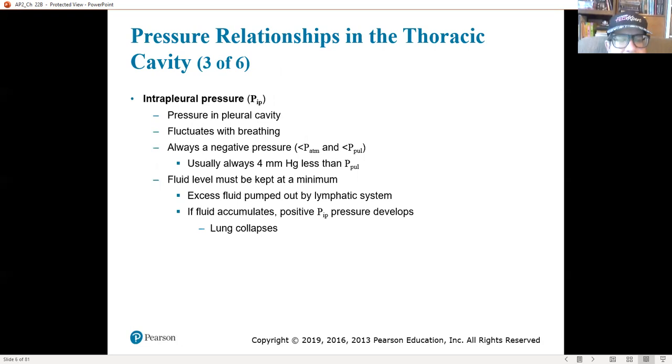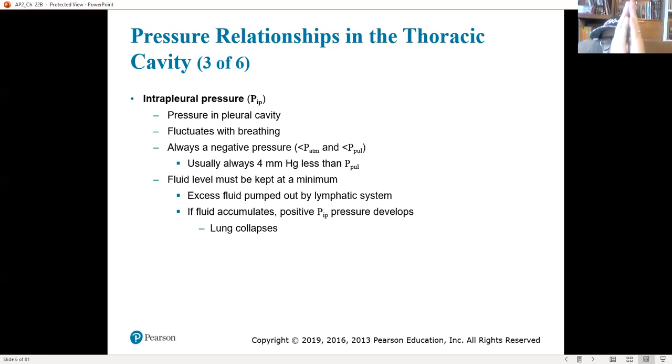The pleural cavity, the pleural pressure. See, this is a detail that's not super clear to a lot of people. When your ribs move or your diaphragm moves, the serous layer, the parietal pleura, stuck to them moves.